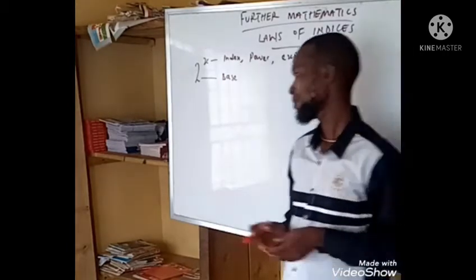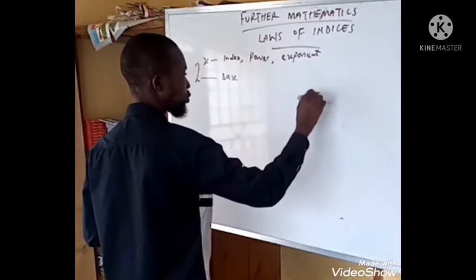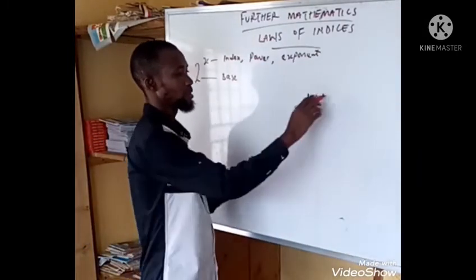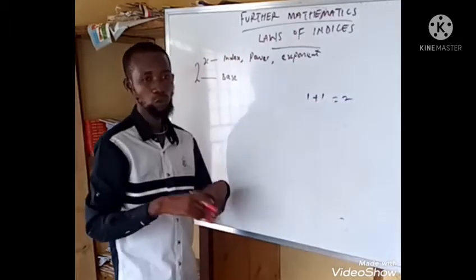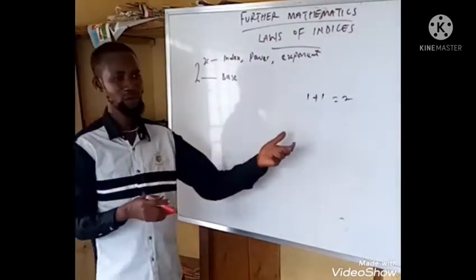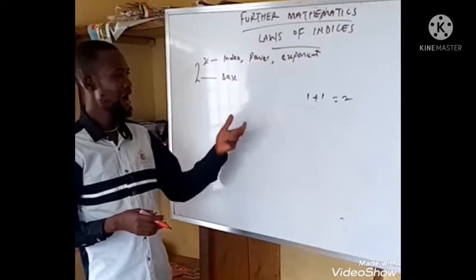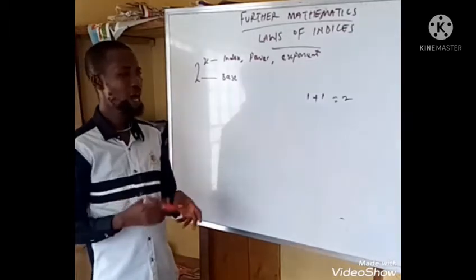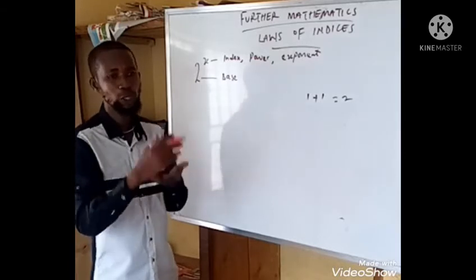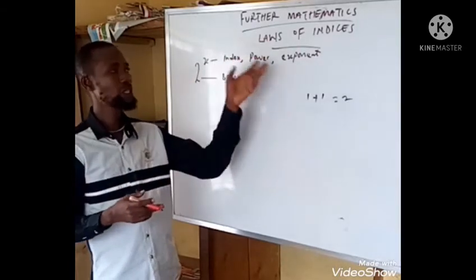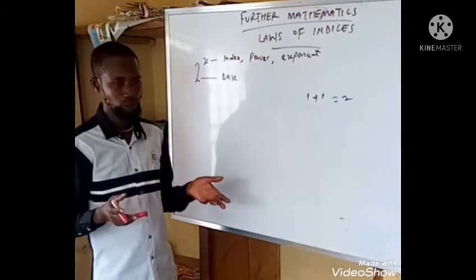For an ordinary number, just like 1 plus 1 is given, that one is very well known: the addition of the two is going to be equal to 2. But what if the number given to us happens to be a number in index form? How do we apply all those arithmetical operations to them? That is what the laws of indices entails.